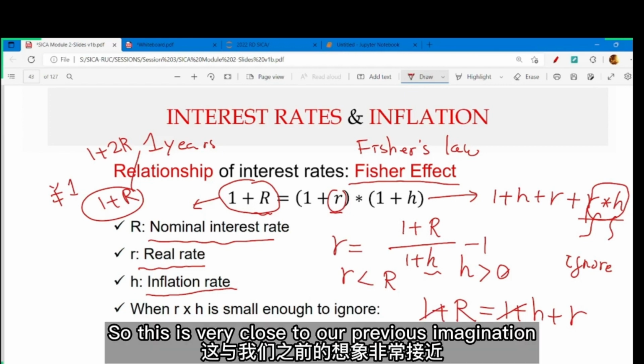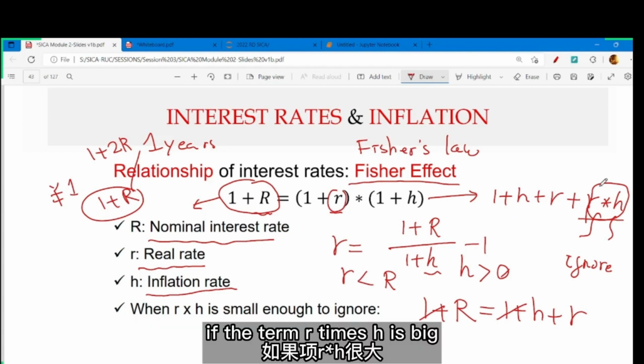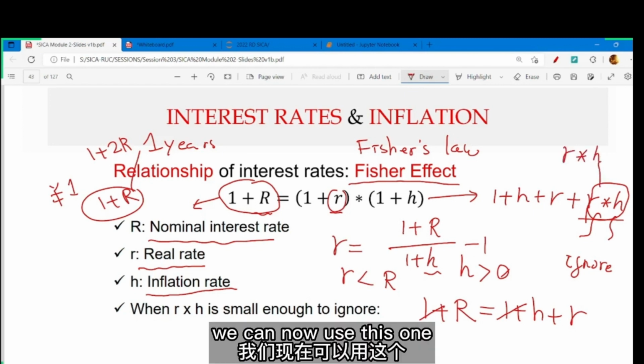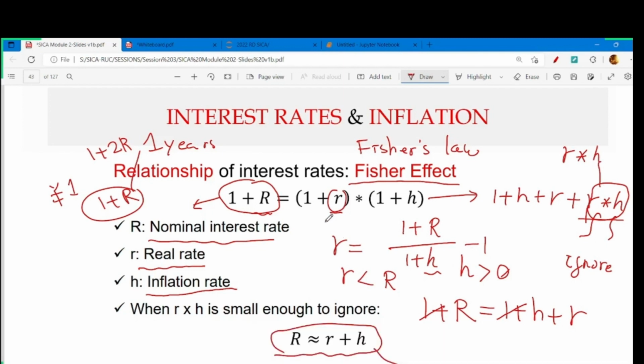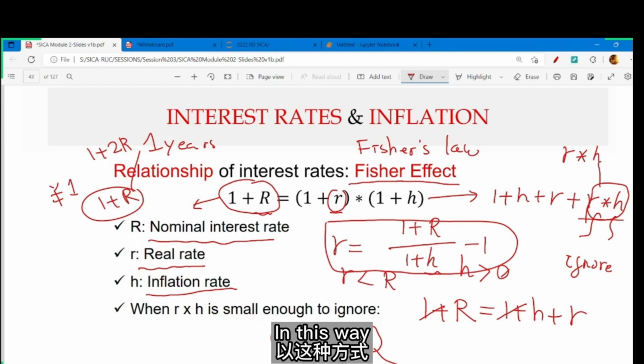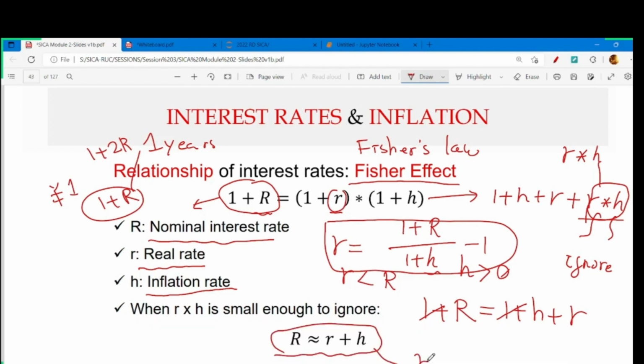So this is very close to our previous imagination. However, if the term r times H is big, we cannot use this one. We have to use the whole equation, like this. These equations are usually used to calculate the real rate r.